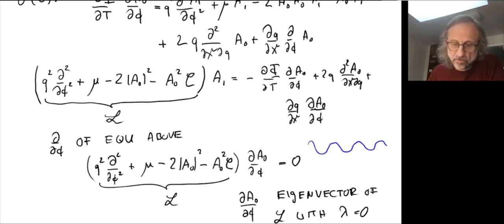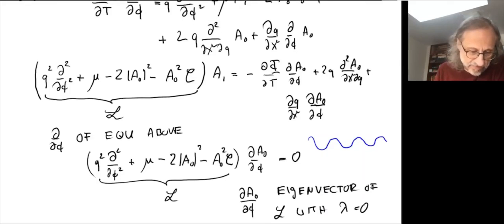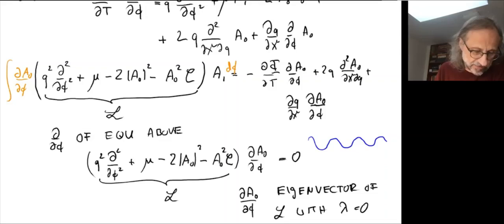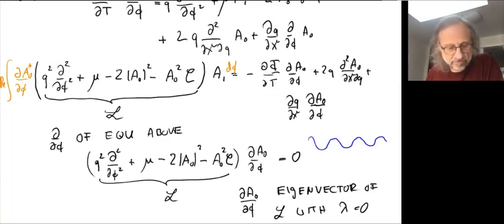So we multiply this with dA naught by d phi, and we have to take the integral over the whole period, and we have to take the real part, and this is in the left slot, so we have here actually a star, and that will be 0.